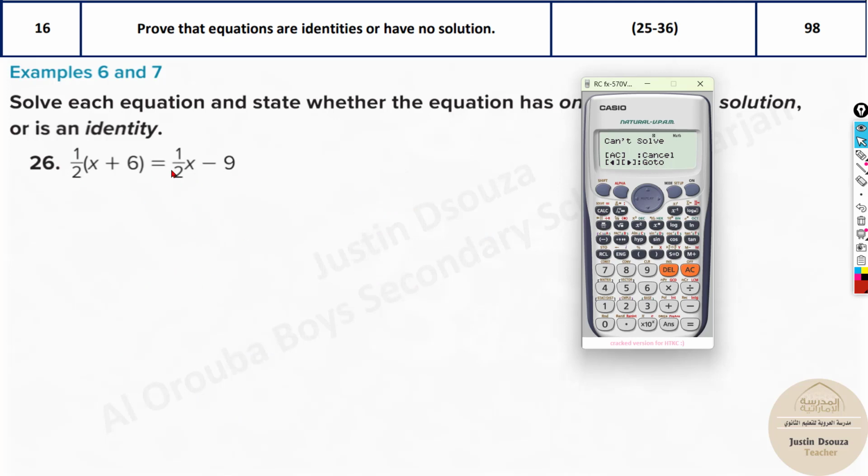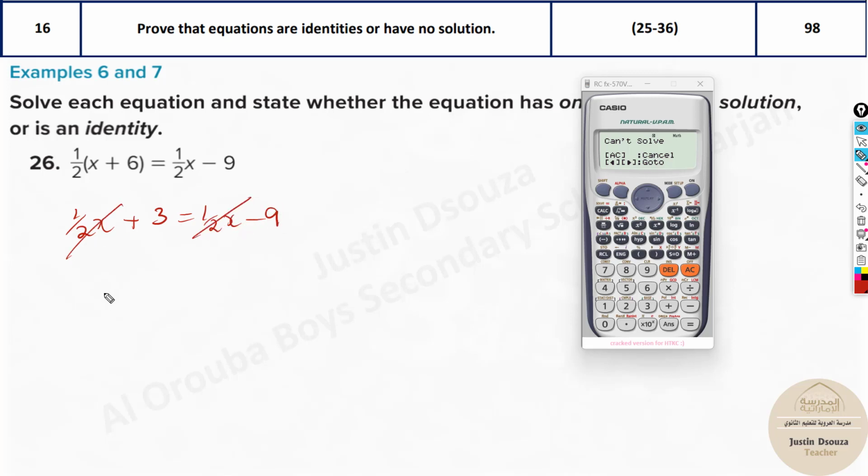Even over here, just by looking at this, I can say there is no solution. Why? Now, if you look carefully, see here, this is half multiplied inside will be half x plus half multiplied inside will be 3. Half times 6 is 3 equals half x minus 9.